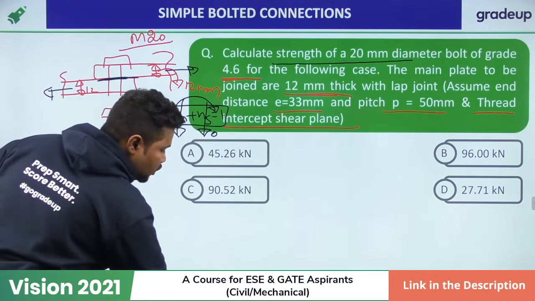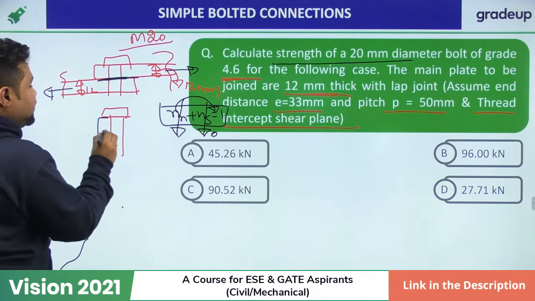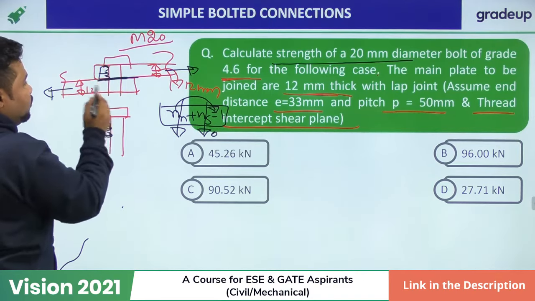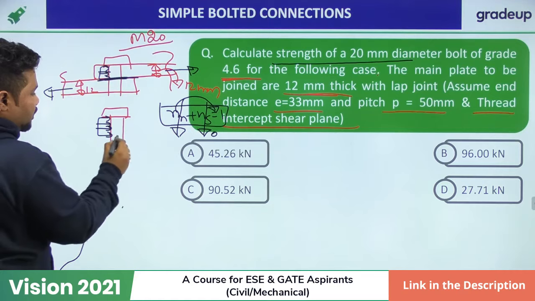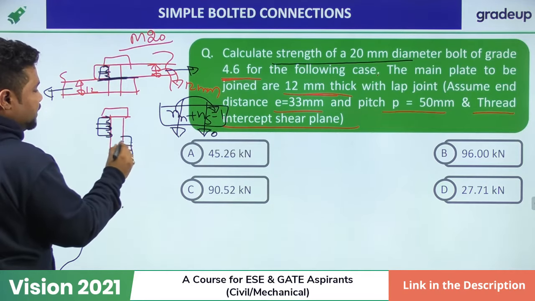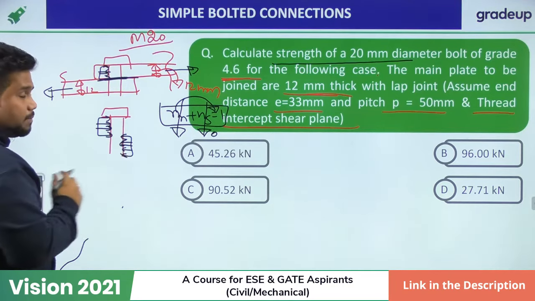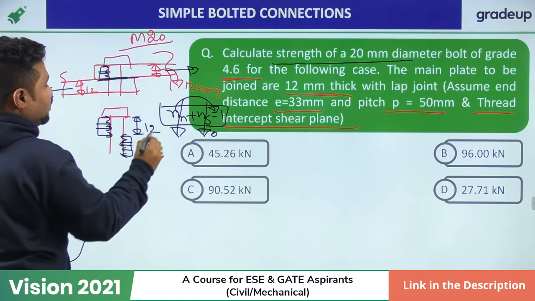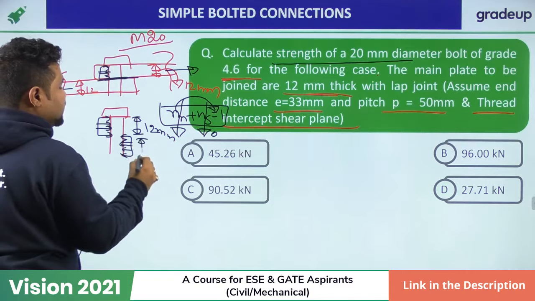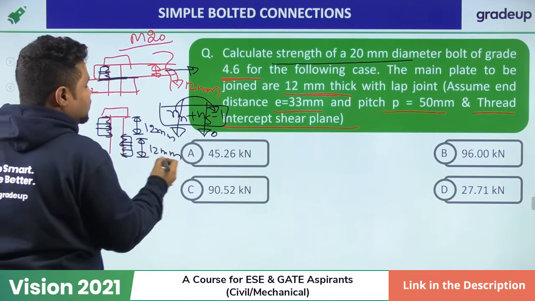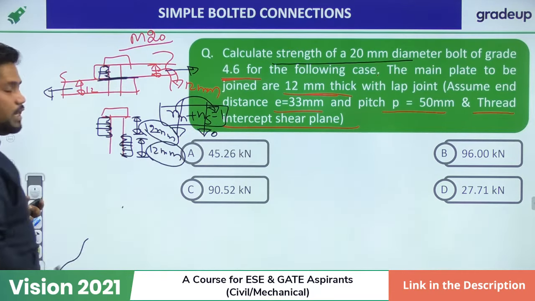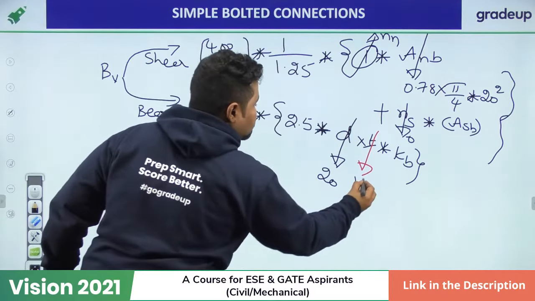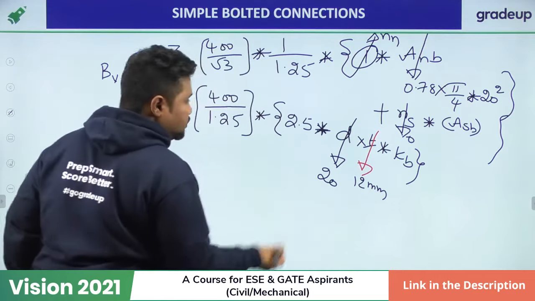The top main plate experiences bearing stress from left to right, whereas the bottom plate experiences bearing stress in the other direction. This thickness is 12 millimeter, and the other thickness is also 12 millimeter. Out of these, which one is less? Obviously 12 you can consider, so T is 12 millimeter.